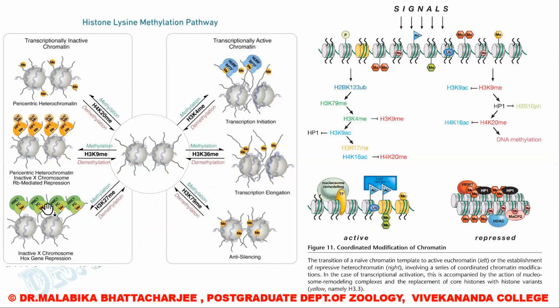So this is polycomb 1. You can see that simply by the modification of histone 4 at lysine 20 methylation, histone 3 lysine 9 methylation, histone 3 lysine 27 methylation, you can see it's the same histone.